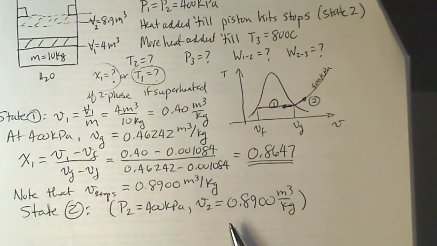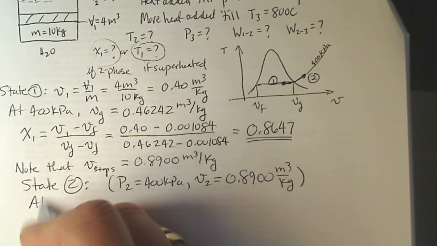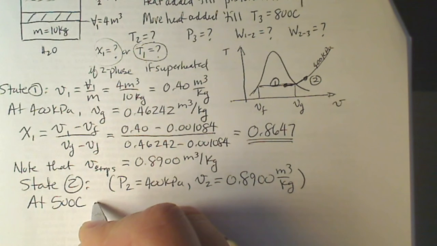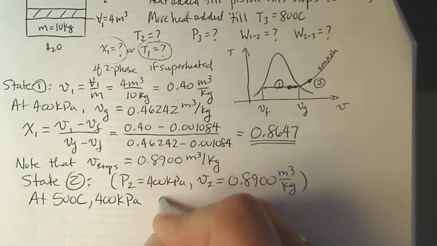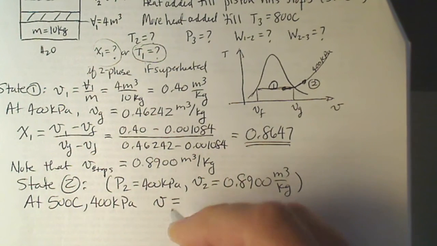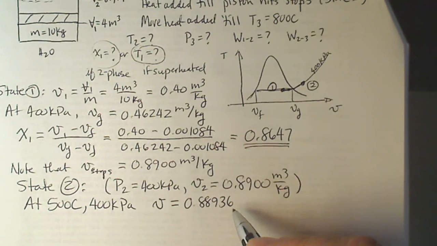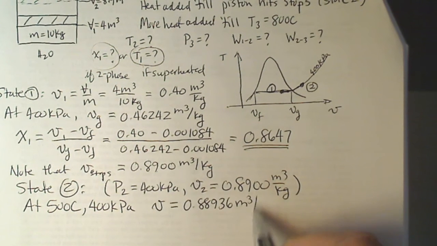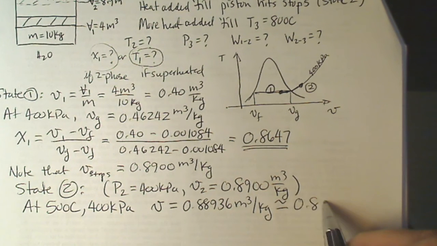So in my superheated table, and I hope it's the same as yours, at 500 degrees C and 400 kPa, specific volume is 0.88936, which is very close to 0.8900.